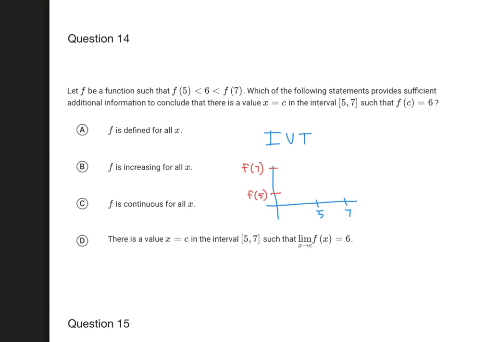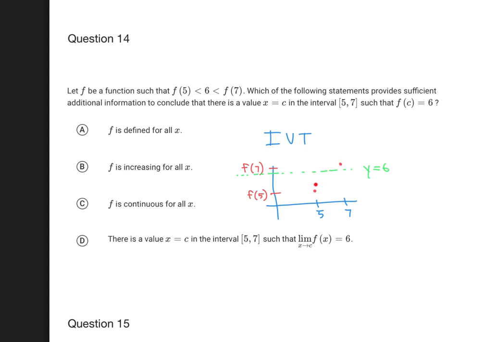Okay, so let's just say 6 is right here. So that means there's kind of 2 points. So 5 comma f of 5 is there, so that's a point on the function. And then 7 comma f of 7 is up here. So these are just these 2 points on the function.